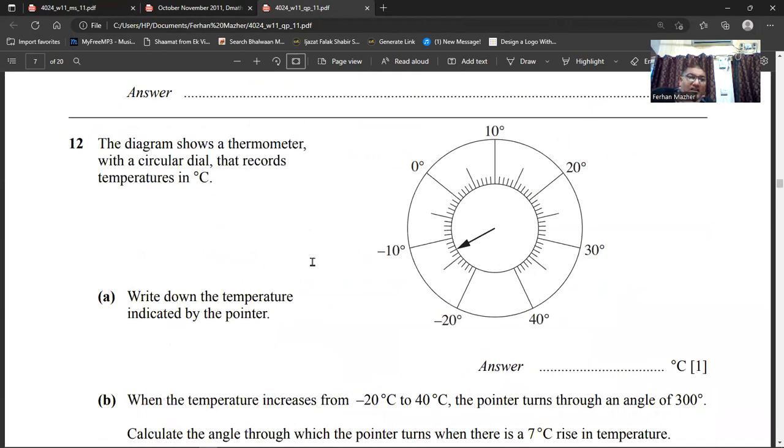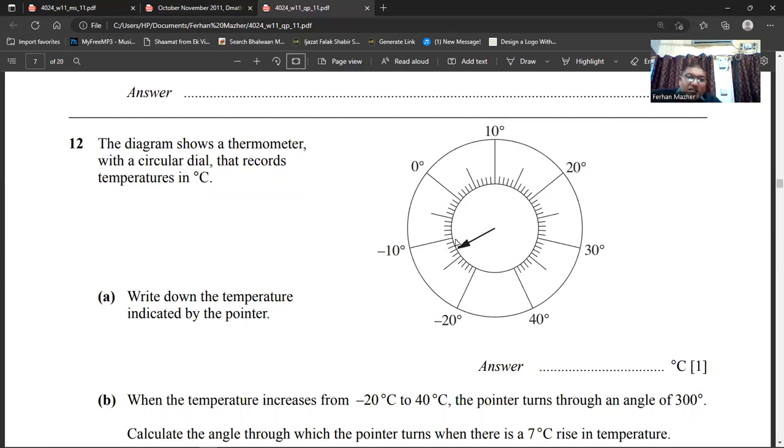Okay. He says the diagram shows a thermometer with a circular dial that records temperature in degrees centigrade. Write down the temperature indicated by the pointer. If you look at this carefully, the temperature here is 0, -5, -10. This is -15.